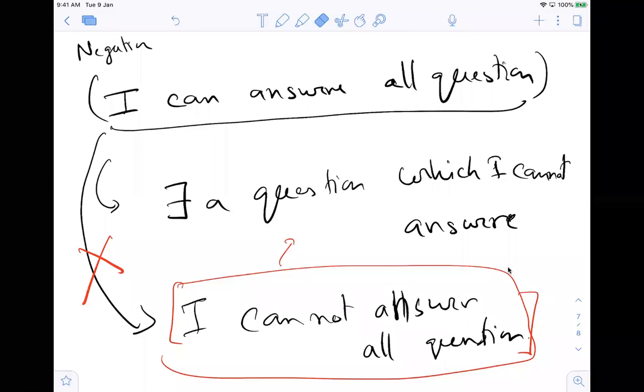Okay, somebody asked me this question. I have answered all questions. What is the negation of this? See, that's exactly what we are talking about.